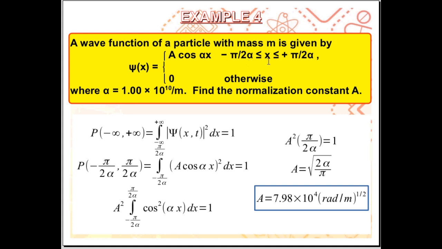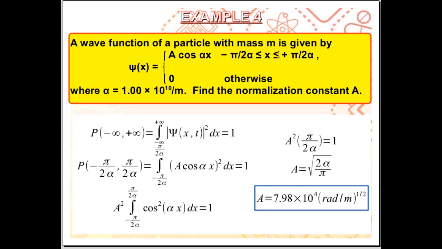If we limit x to be from negative pi over 2 alpha to positive pi over 2 alpha only, the probability of finding the particle is also 100%, since psi is 0 anywhere else.